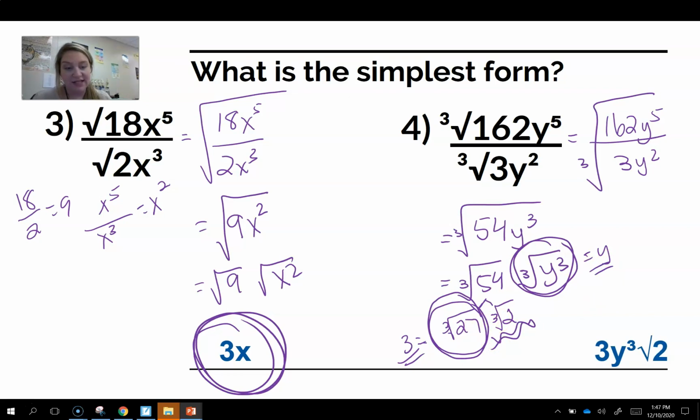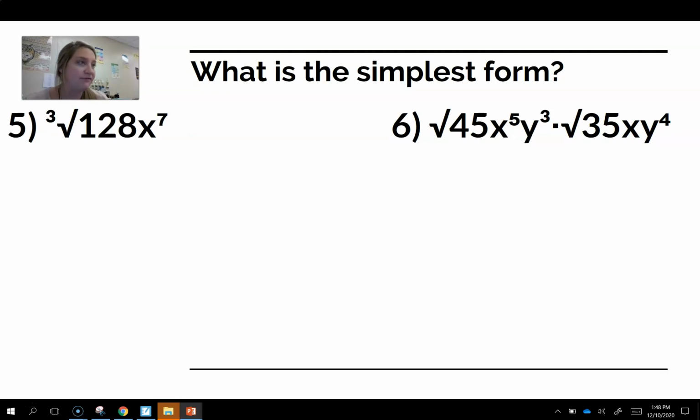So our simplified answer is going to be 3y times the cube root of 2. So we have to remember how to simplify our radicals. If that was a little iffy, we are going to have more work with that, so stay with me.